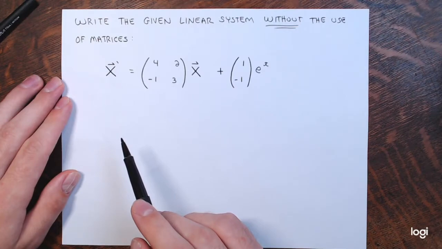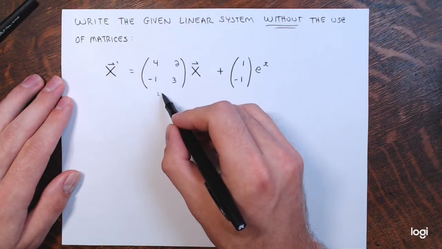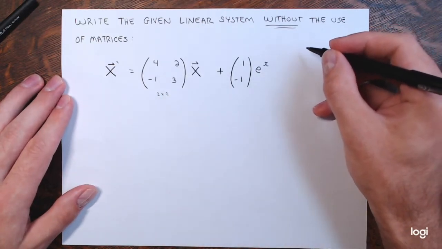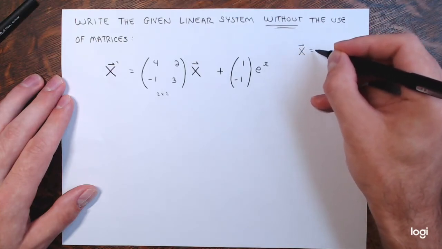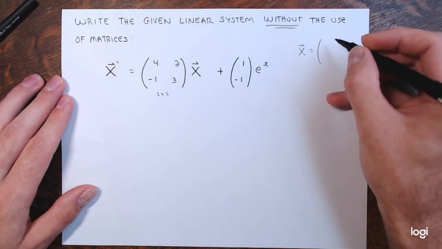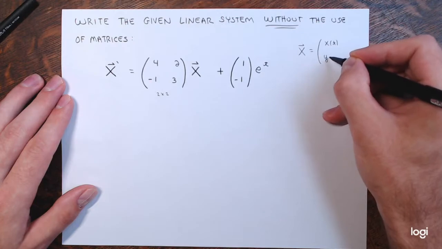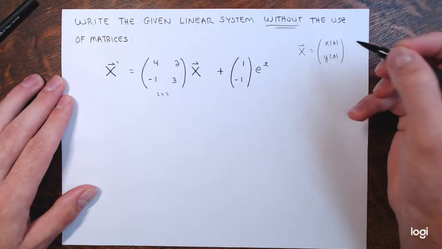So again, just recall here. This coefficient matrix is a 2 by 2 matrix. Vector x would have to be a 2 by 1. So we have two functions of t, which I'll call x of t and y of t. You could also call them x1 and x2 if you wanted.